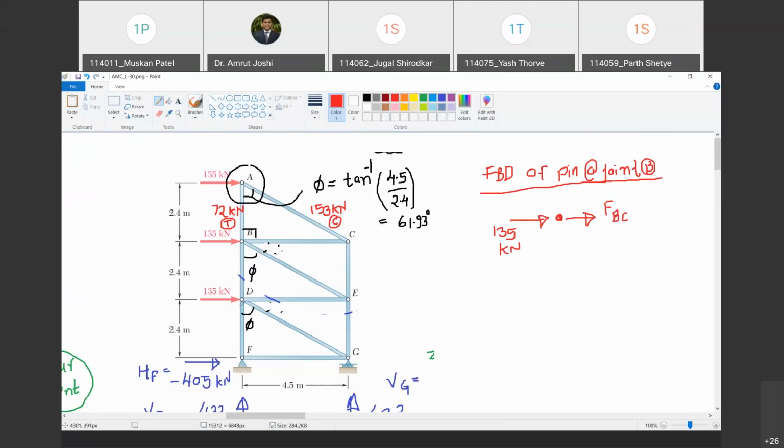Is member BD external to the joint at B? Yes. And it must be pulling because it is in tension. That is my assumption. So I am going to call it as FBD. Happy? Yes, sir. Then member DE, is it also pulling? Yes. Because I assume that member is also in tension.